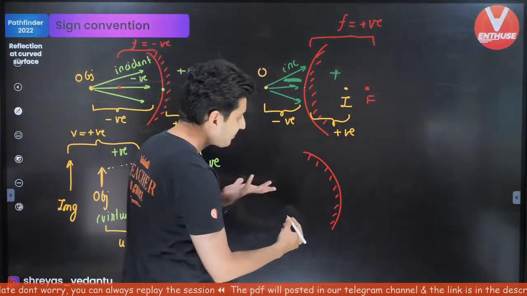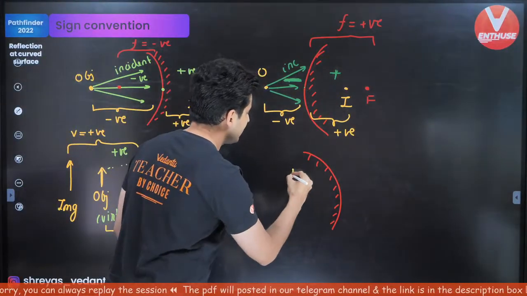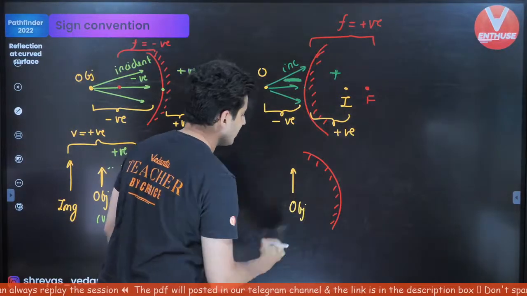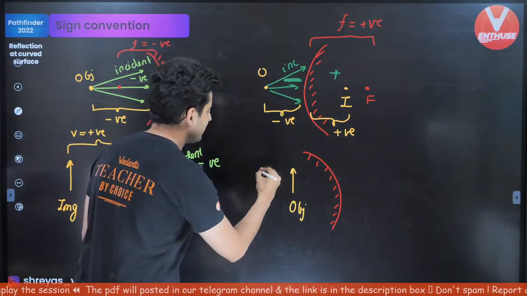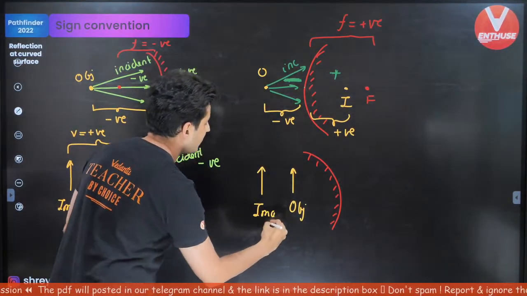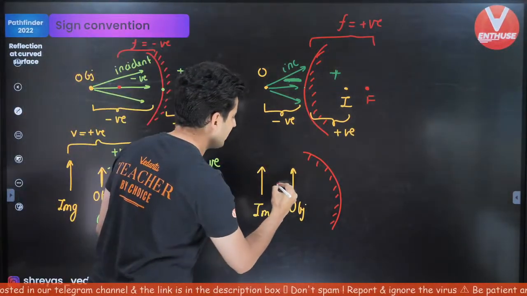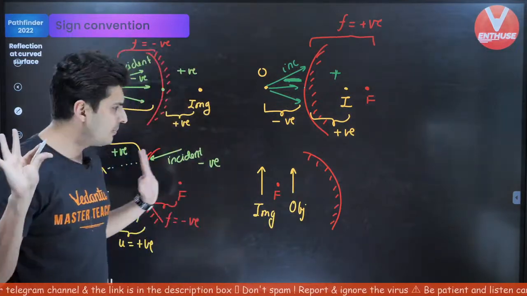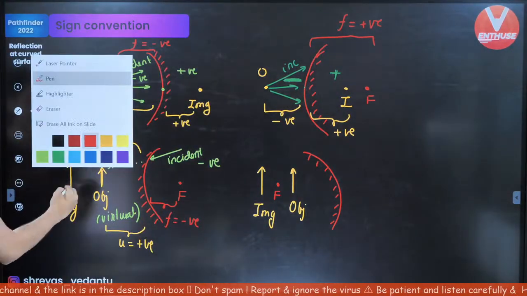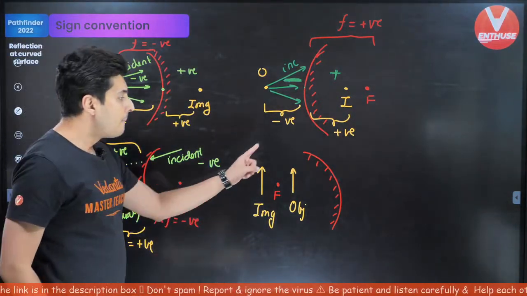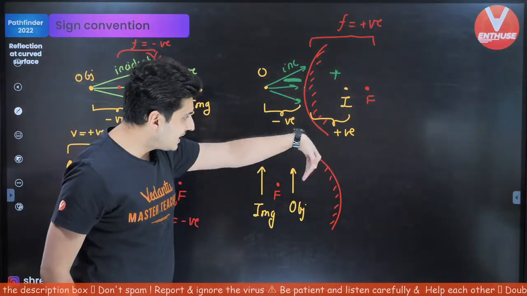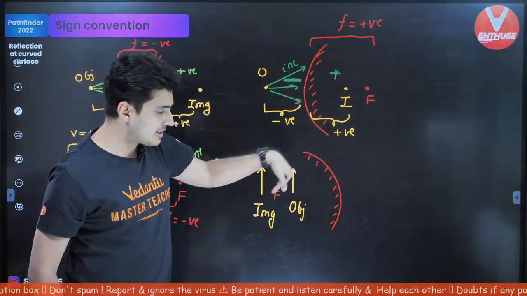Let's say this is our object, and maybe this is your image. And then, of course, maybe this is your focal point, for example. In this situation, again think, your mirror is facing that way. This is the silvered side.